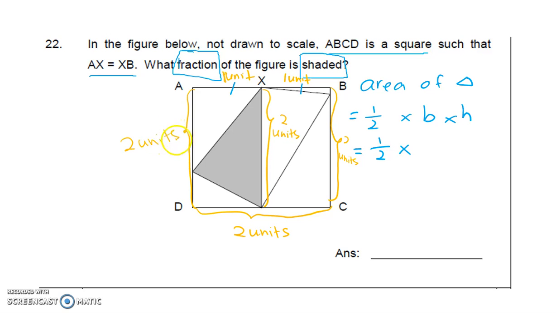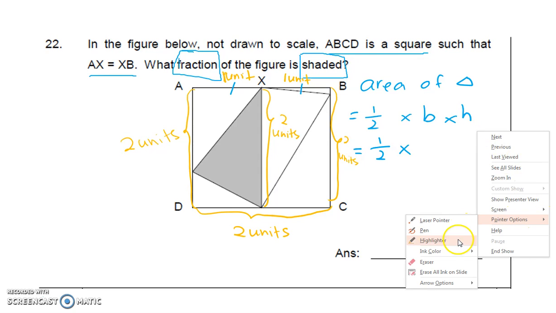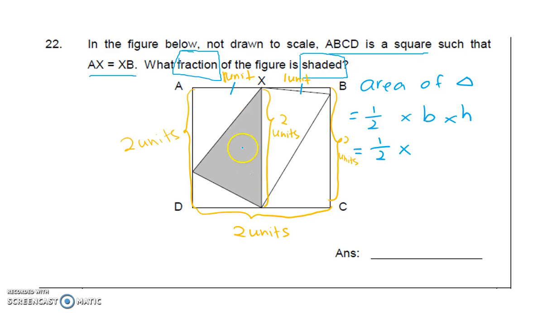Following? Okay. Now we know that we have all this information. Let's focus on the area of the triangle first. Let me change another color for the triangle. Let me use blue for this. Okay, so what is the base? Where can we find the base?